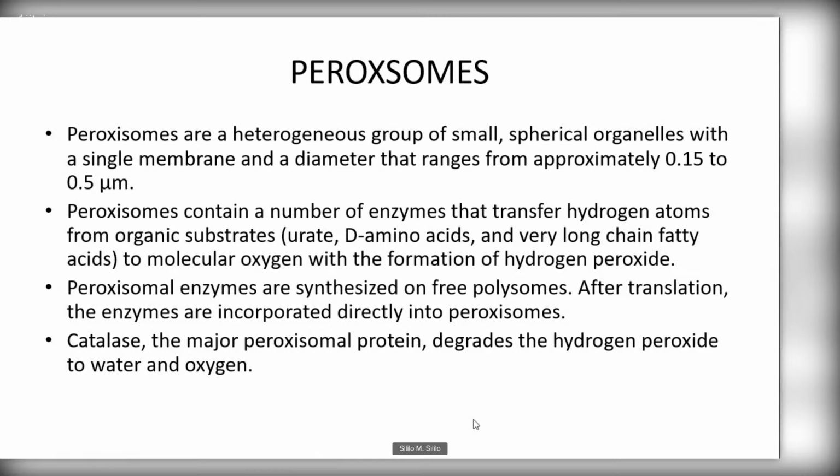When you have an accumulation of hydrogen ions, they are going to make your cell become acidic. So these peroxisomes have different types of peroxisomal enzymes that are going to degrade certain proteins and hydrogens. Instead of making hydrogen ions, they are going to degrade them to hydrogen peroxide and then to water and oxygen.